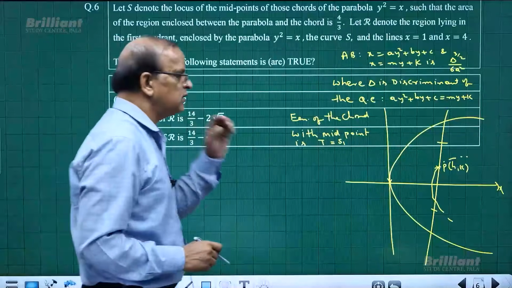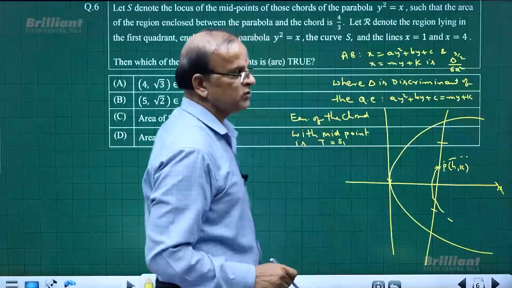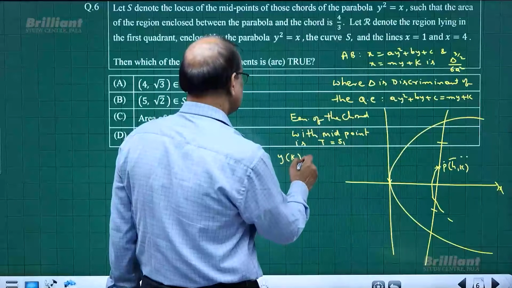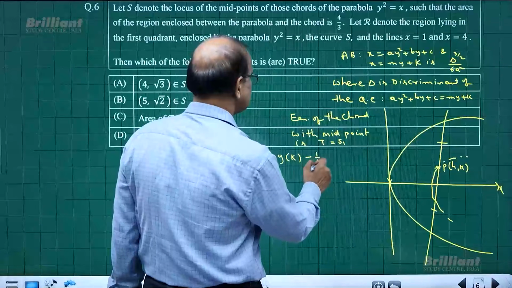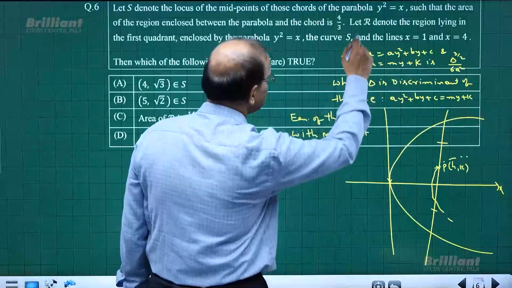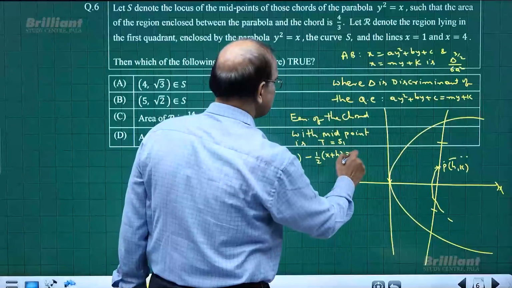What is our T? Now the parabola is y square, so y k, right, minus 1 by 2 (x plus h) is equal to S1. Substitute the point in this. So k square minus h.